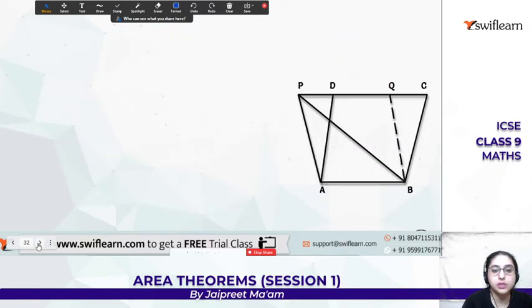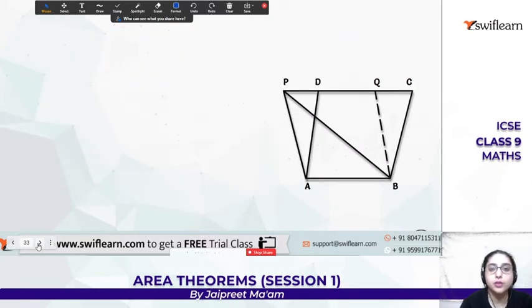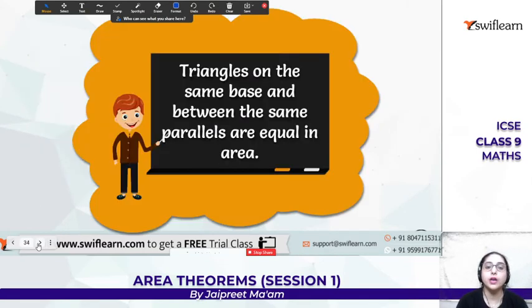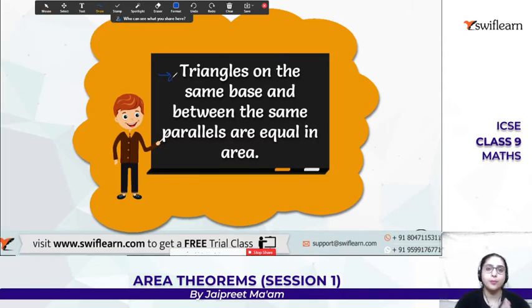Okay, let's proceed further. Now we will do the third theorem. We are done with the two theorems, and now we are going to learn the third. It's very easy. First we did the activity in which we proved that the two triangles are congruent, which means parallelograms on the same base will be equal in area.